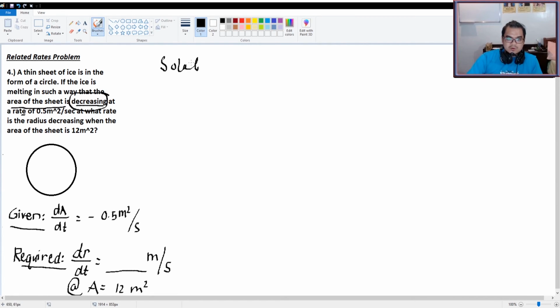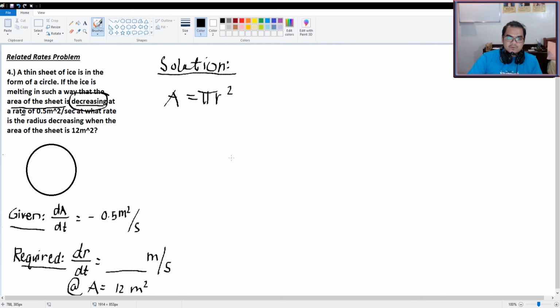Okay, so now we can have our solution. In order for us to have dA over dt, we have to get the area. Of course, we know the area of a circle is simply A equal to pi r squared.